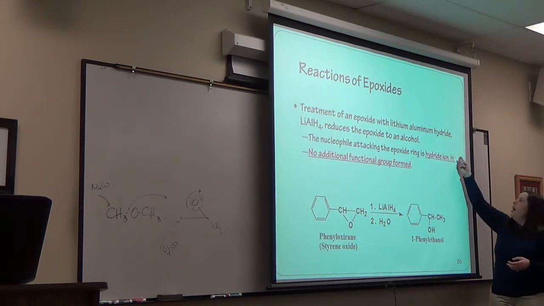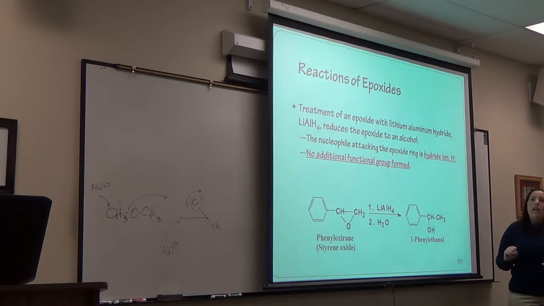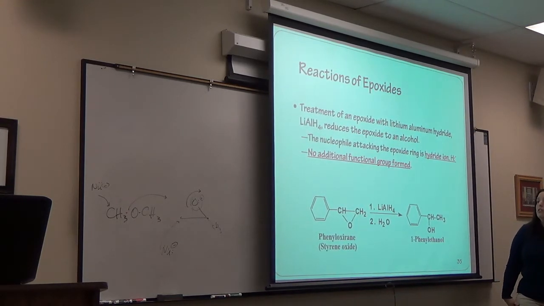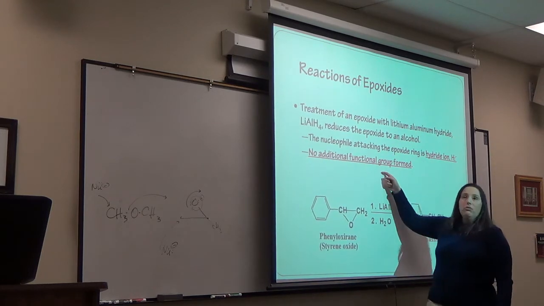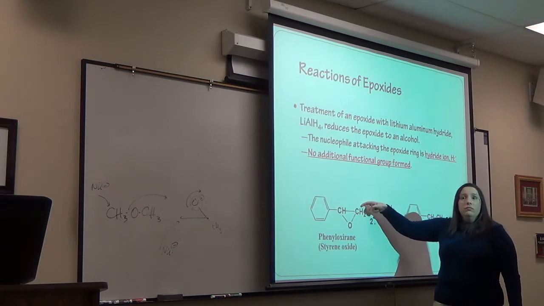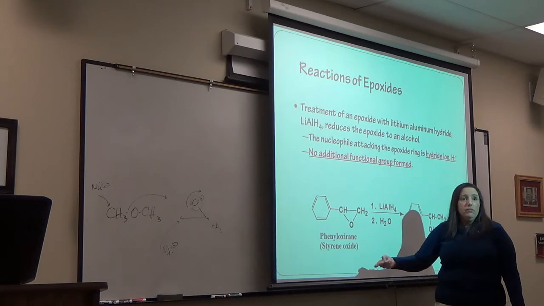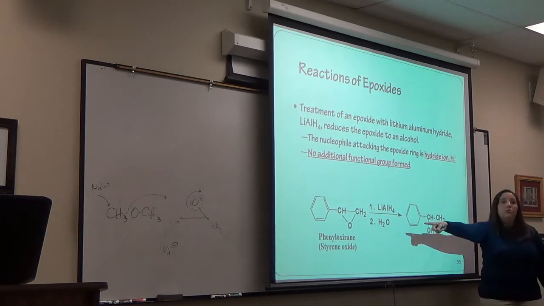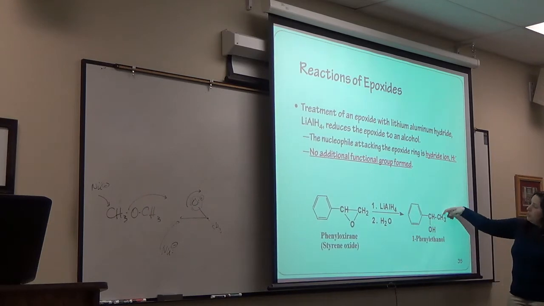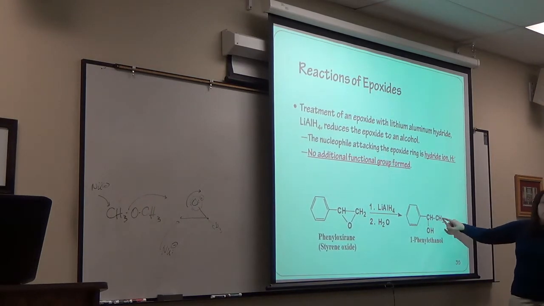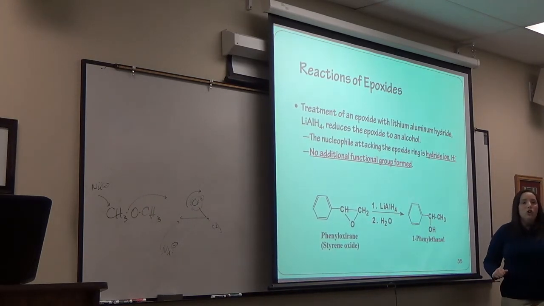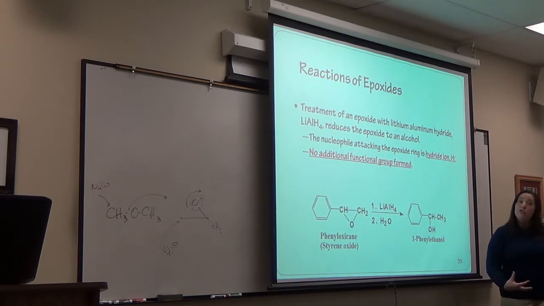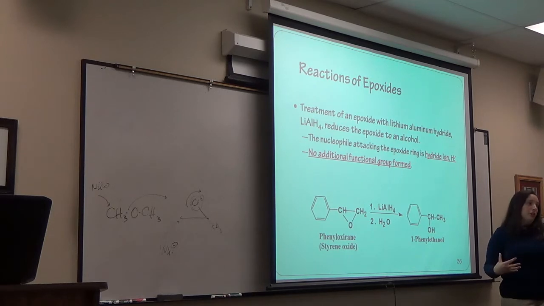But the hydride, as an anion, is a very strong nucleophile. And what it's going to do is, again, attack and open the ring. And so what you end up with is the OH, which comes from the ring opening, but just an additional hydrogen on the carbon that got the attack. So you get an alcohol, not a diol, not a new nucleophile, just hydrogen.